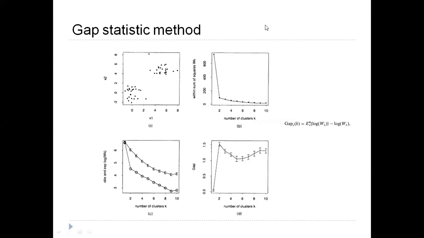So after the first elbow method, you take the logarithm and calculate the deviation between the observed and expected logarithmic values of the within sum of squares, then plot it and take the maximum gap.